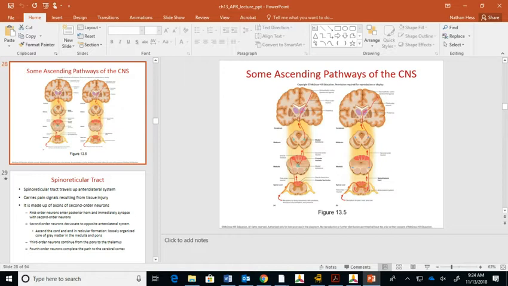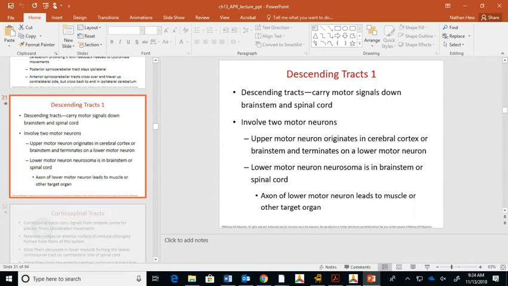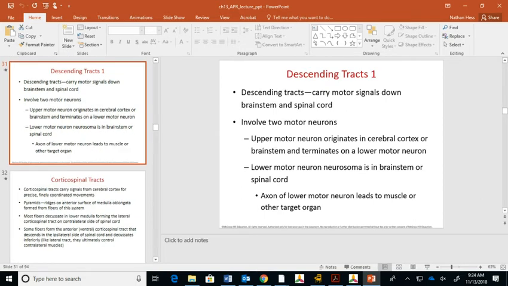So there are lovely tables in your textbook. I'm talking specifically about page 477, the major ascending and descending tracks. They talk through these different ascending and descending pathways on pages 478 to 480. I just want you to be aware of it, okay?